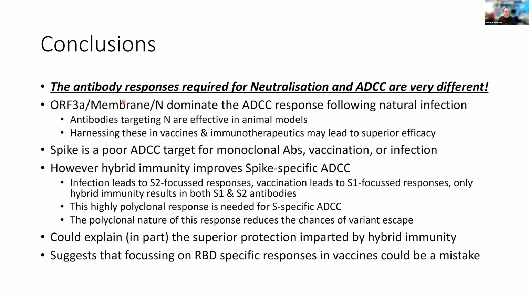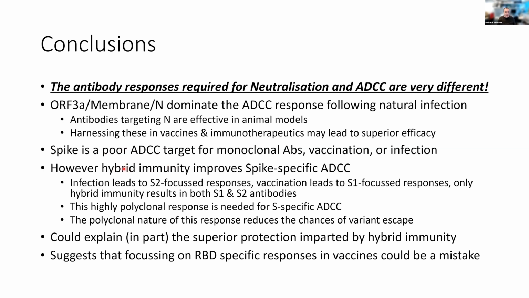And as I say, therefore, I think harnessing these additional antigens in vaccines and immunotherapeutics may be a way to improve efficacy. However, at the moment, what we have are spike vaccines only in the main. And spike, generally speaking, at least as far as vaccination, infection, or monoclonal antibodies, is a comparatively poor ADCC target. But we can improve that somewhat in the context of hybrid immunity.